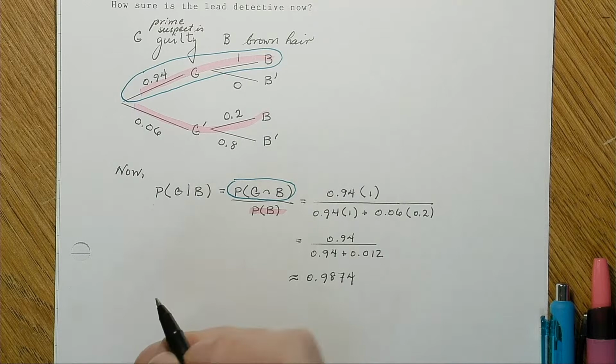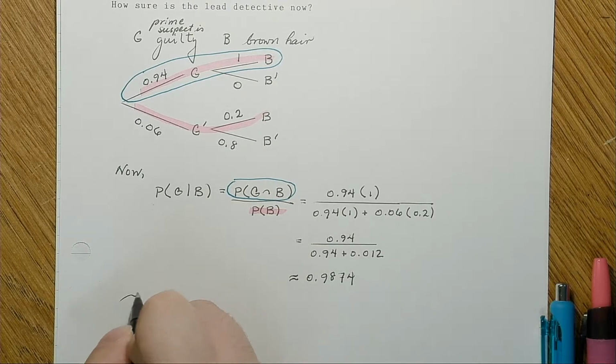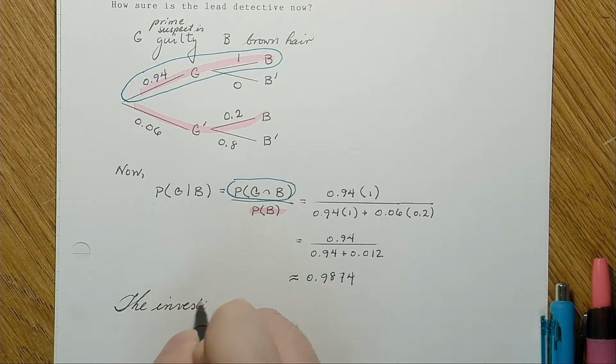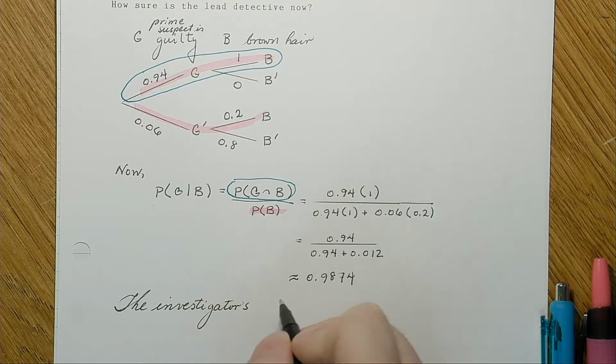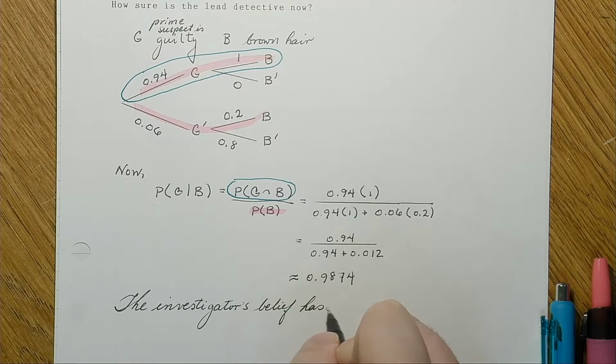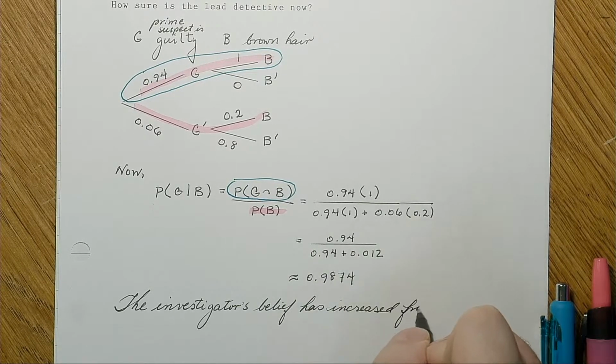Okay, so what this means is that the investigator belief has increased from 94% to 99%.